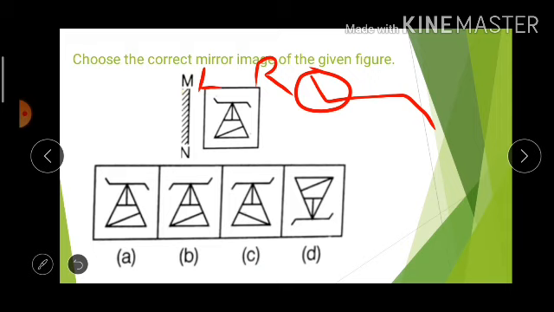I want a line in the mirror image that is pointing upward in the right side of the figure. In option A, the right hand side line is pointing downwards. Therefore, I'll eliminate this option.